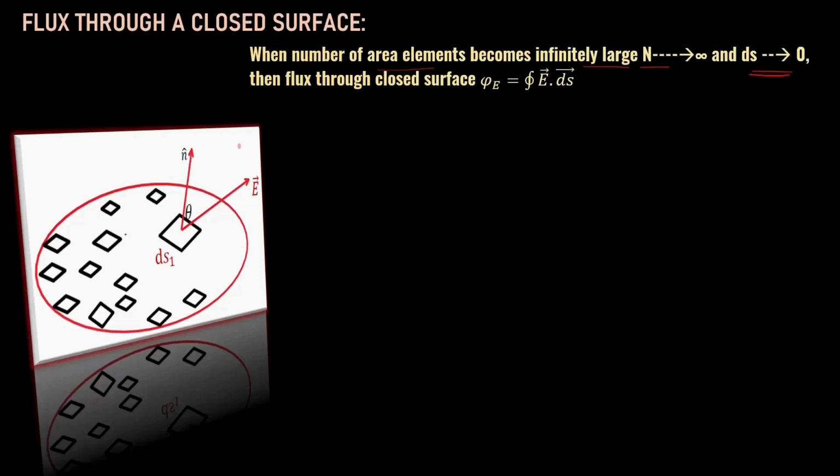In order to represent a closed surface area, we take small area elements, and each area element will have its own normal vector. I told you in my previous slide, when I was explaining the area vector concept, that whenever we are dealing with a closed surface, the entire surface has to be divided into infinitesimally small area elements, and each area element will have its own normal vector.